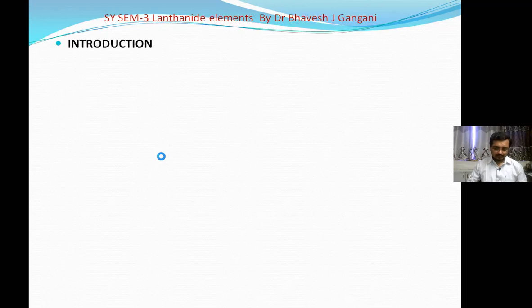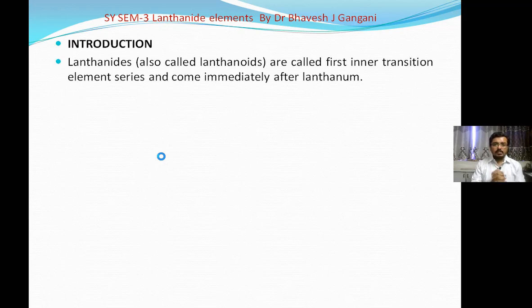So, let's start. Dear students, you know very well that the entire periodic table is classified into four categories: S block, P block, D block, and F block. On the left-hand side of the periodic table, the first two groups, alkali and alkaline earth metals, are known as S block elements. Groups 13 to 18 are known as P block.